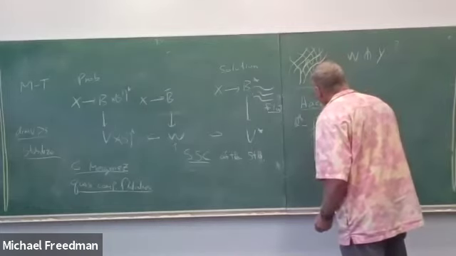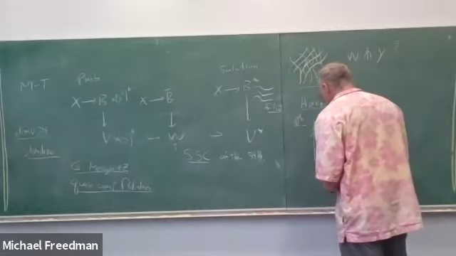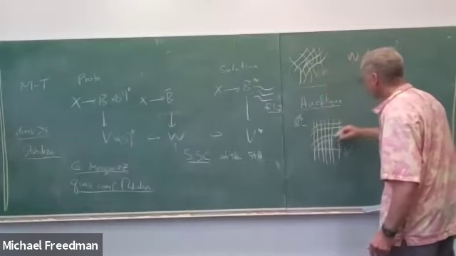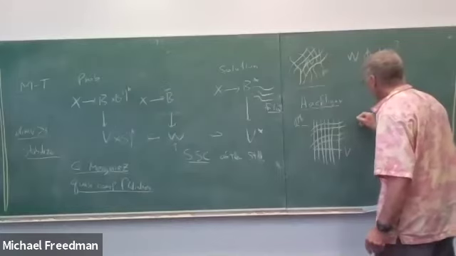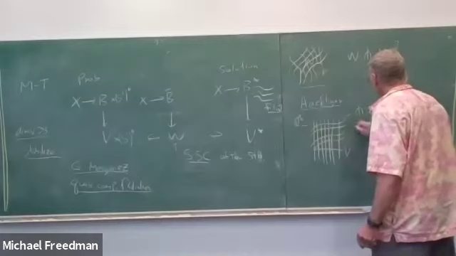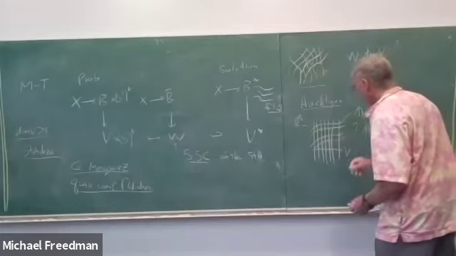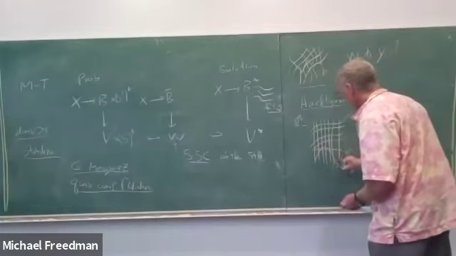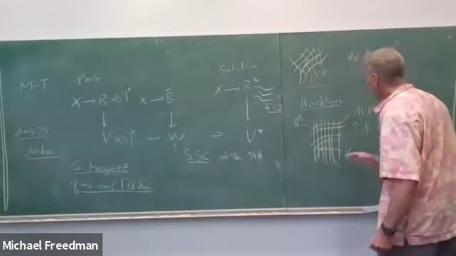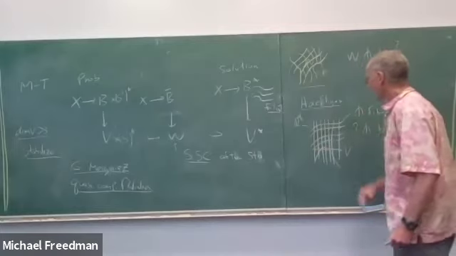This is a bundle, a Euclidean bundle over V, so it has a zero section. Let me draw it this way. And a Haefliger structure is a foliation transverse to the fibers. But the question is, can you make it transverse to the base as well, V? So is it transverse to the base, or is it tangent to the base? If you can make it transverse to the base, it induces a foliation on V with the desired normal bundle.